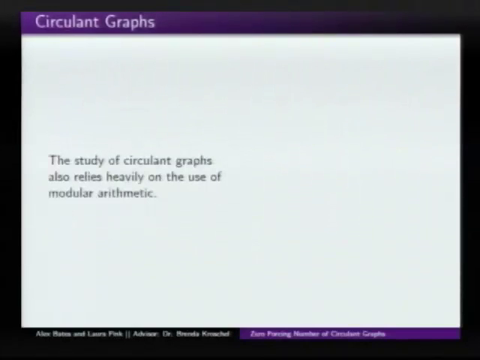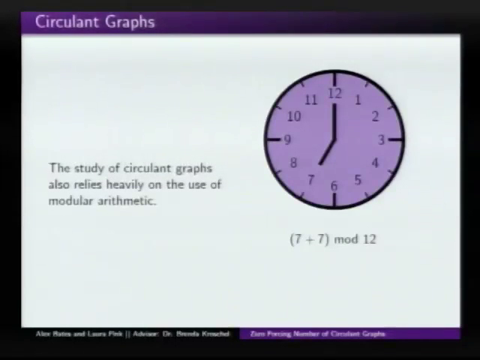The study of circulant graphs also relies heavily on the use of modular arithmetic. For those of you who have had abstract algebra 1, 2, applied math 2, you'll know what modular arithmetic is right away. But the easiest and most intuitive way to think about this for people who haven't had abstract algebra is to think about it in terms of clock arithmetic. So let's say you wake up at 7 and you know that 7 hours away from 7 o'clock you have an event going on.